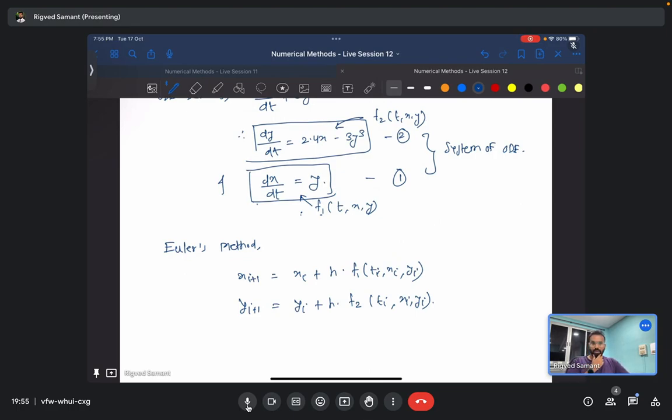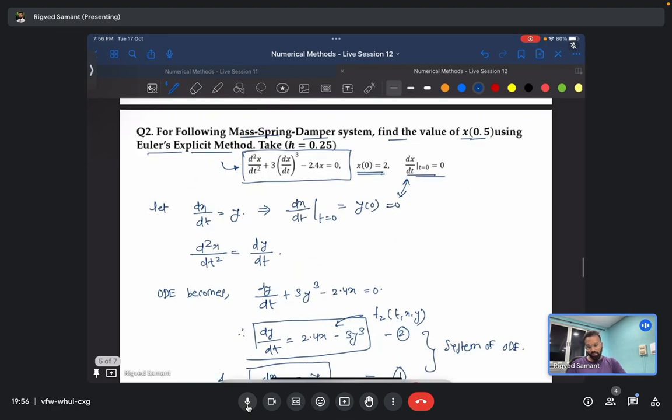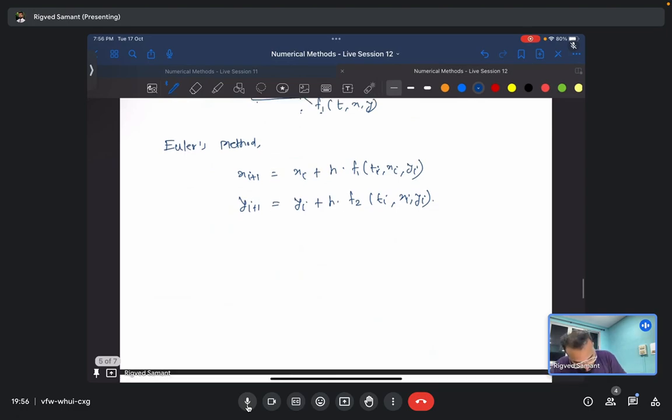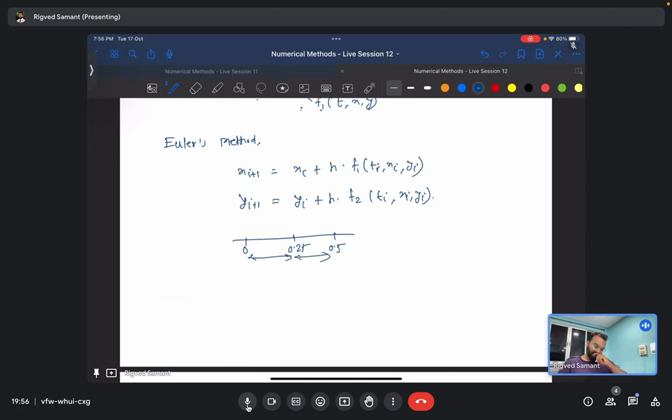Understood? Are you understanding what we have done here? Now we have to find x at t equal to 0.5 and h is 0.25. So it is telling you to go from 0 to 0.5 with step 0.25. So there would be two intervals, so you have to apply this twice.